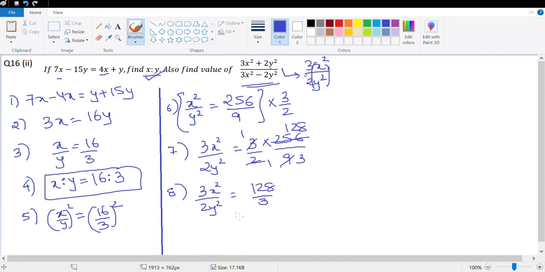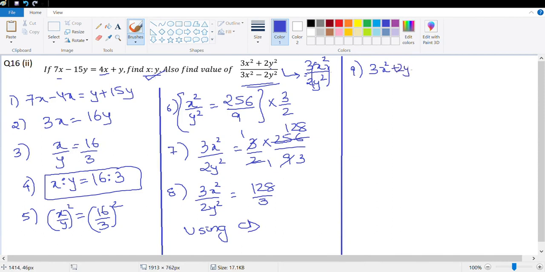Right, that's correct. Now, using componendo and dividendo, what we get is 3x square plus 2y square upon 3x square minus 2y square is equal to 128 plus 3 upon 128 minus 3. 128 plus 3, that's 131. 128 minus 3, that's 125.